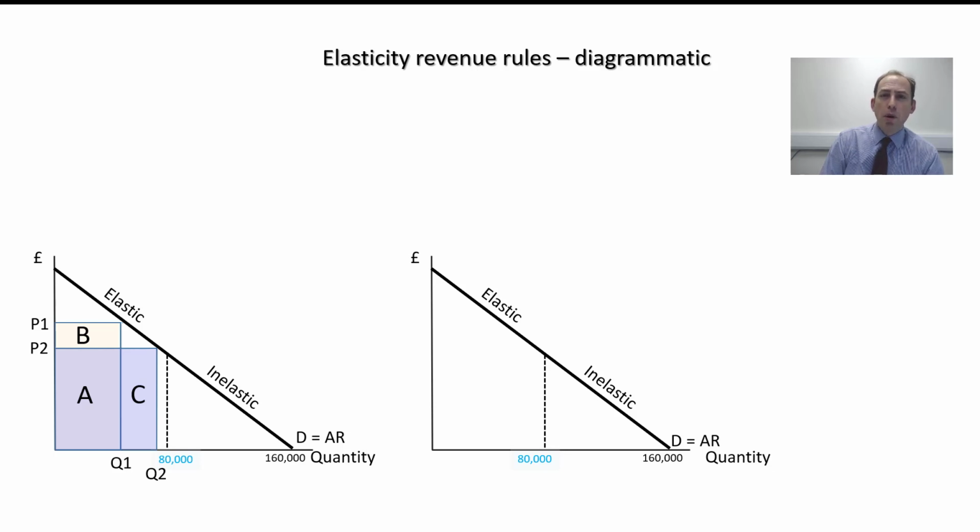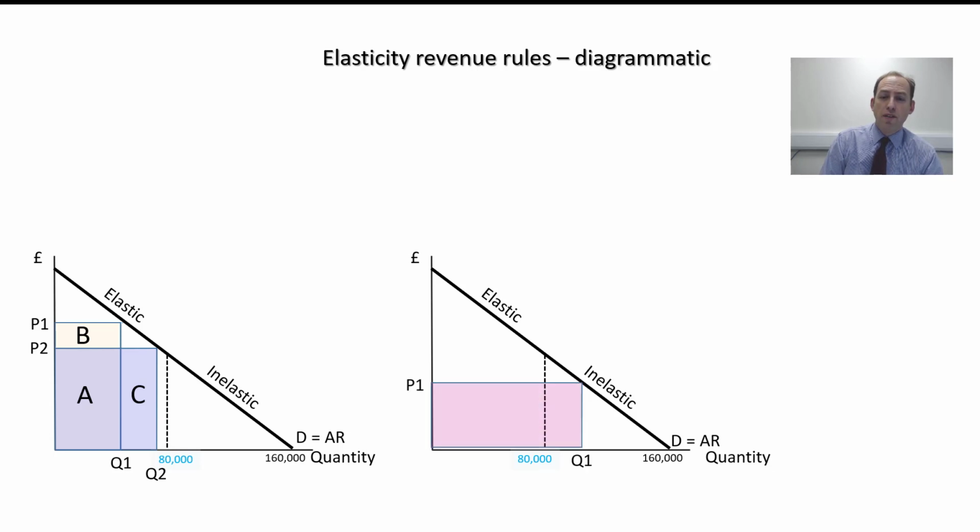Well, box A is common to both sets of revenue, so let's just compare box B and box C. Box C by inspection is bigger than box B, so by lowering the price our total revenue is increased. If we started at P2 and raised the price, we'd gain box B but lose box C and our total revenue would fall.